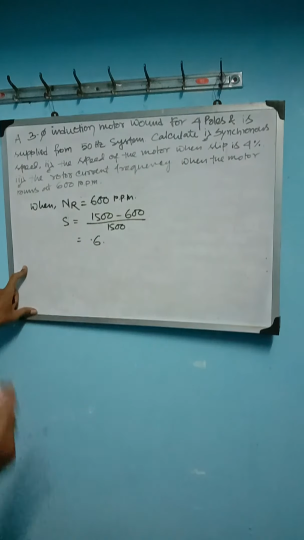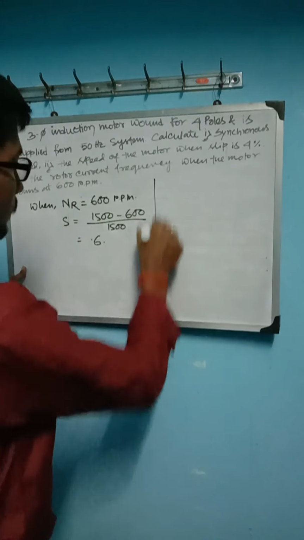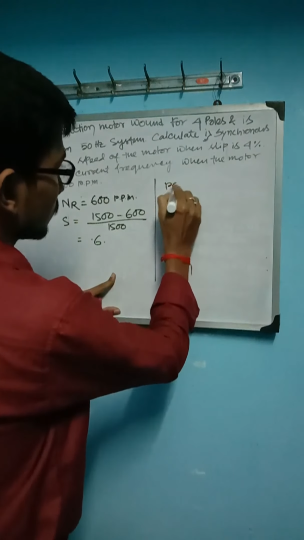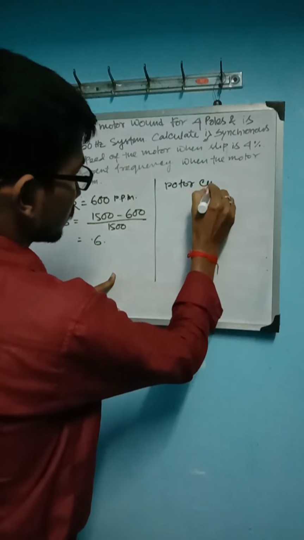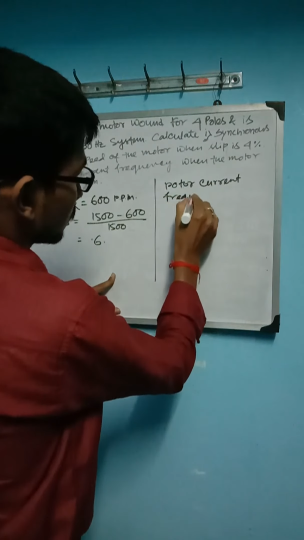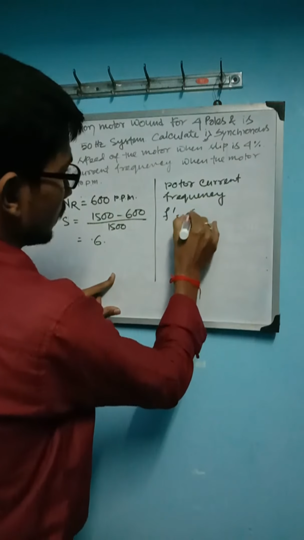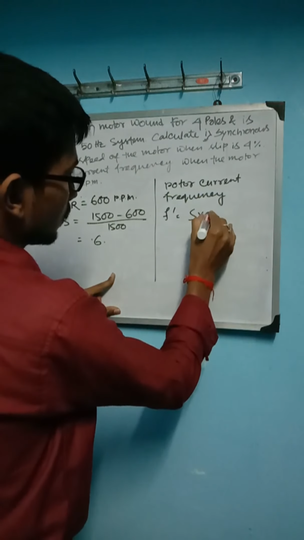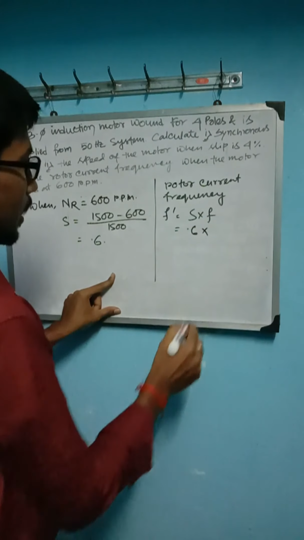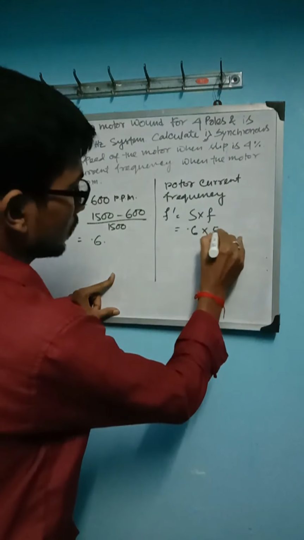Now the rotor current frequency, F dash, will be S into F. So here S equals 0.6 and the frequency is 50.